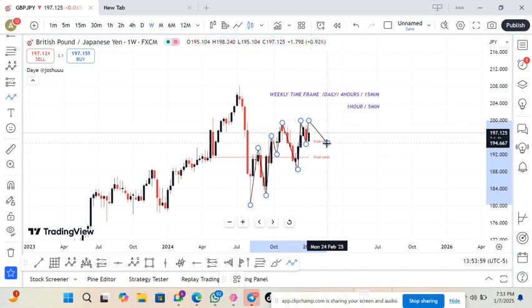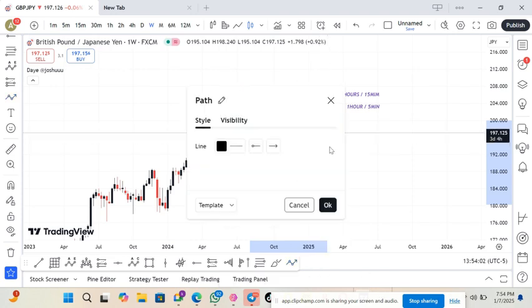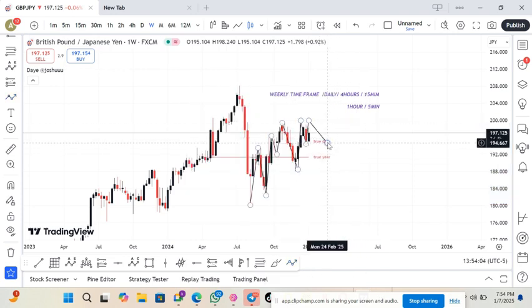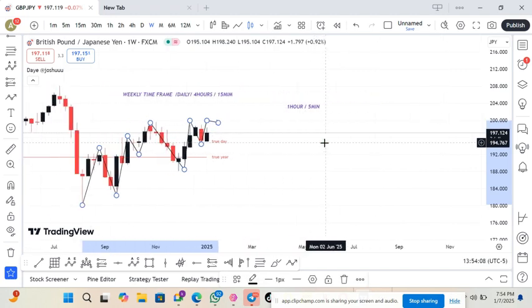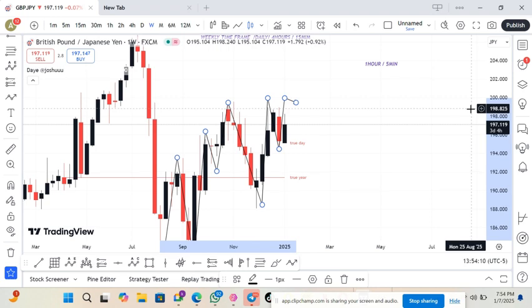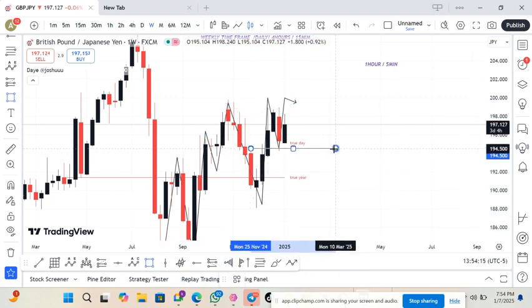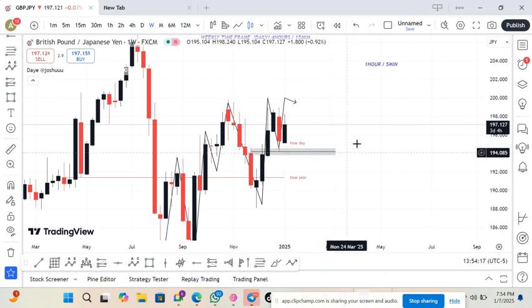So presently, what the part two is showing us here is that our weekly is bullish. Our weekly is bullish.